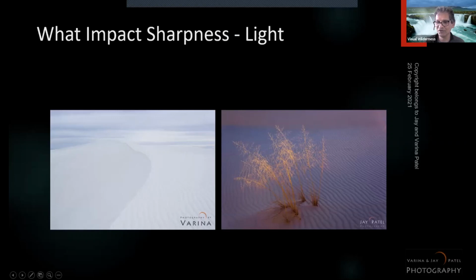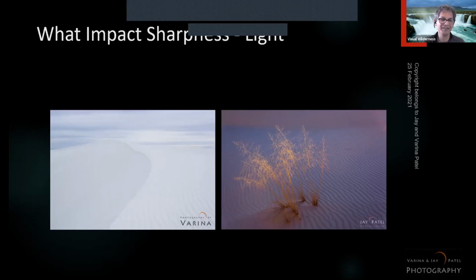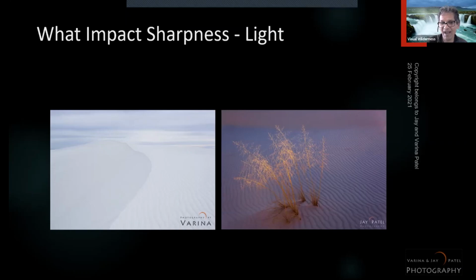And if I were to zoom into the big image, you could see the grains of the sand individually. In the image on the left, the same white sand has textures that are not quite as well defined. So the light has impacted the details in the image that you see.